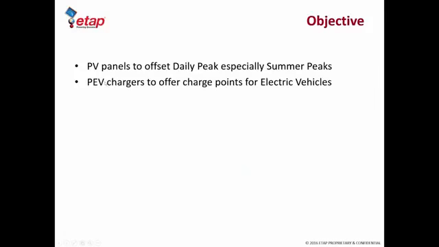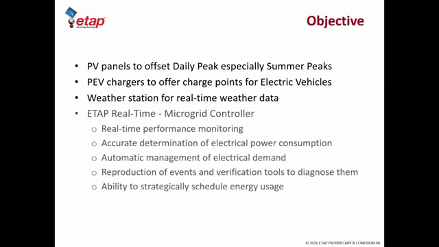And also we wanted to introduce electric vehicle chargers for EV vehicles to essentially get some of that solar energy in addition to energy we purchase from the utility, and do a composite.